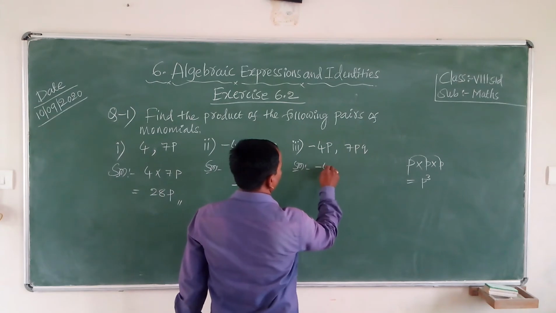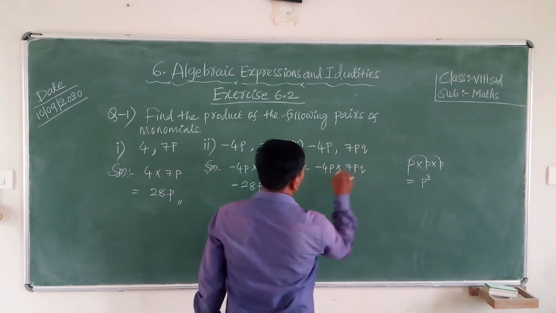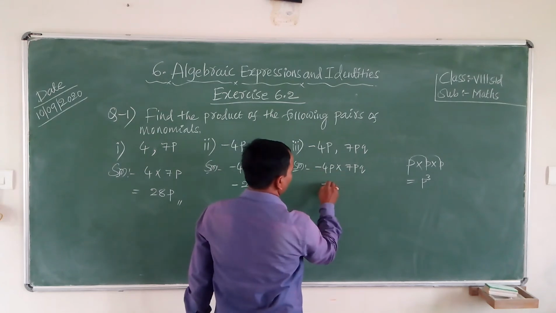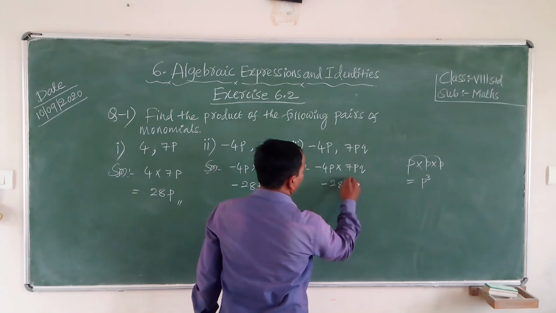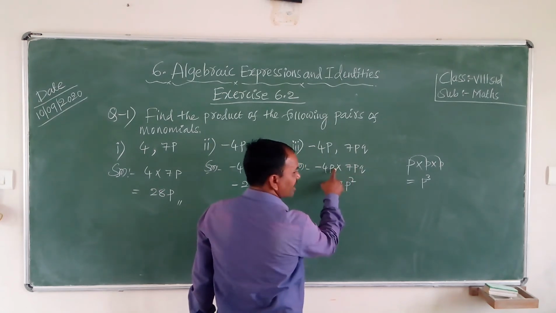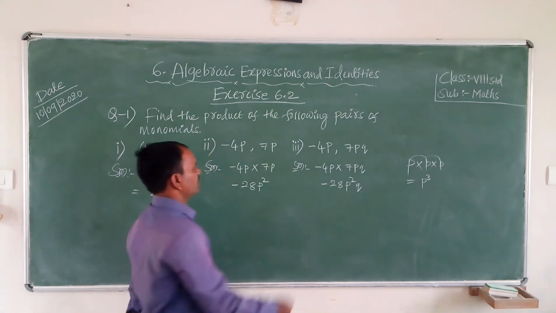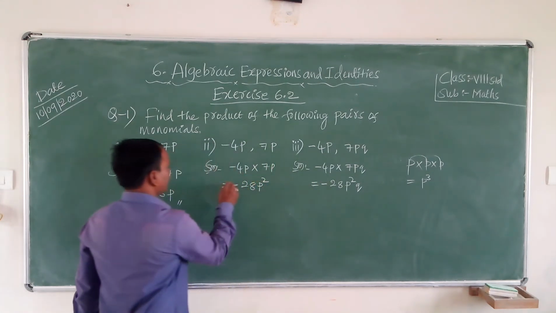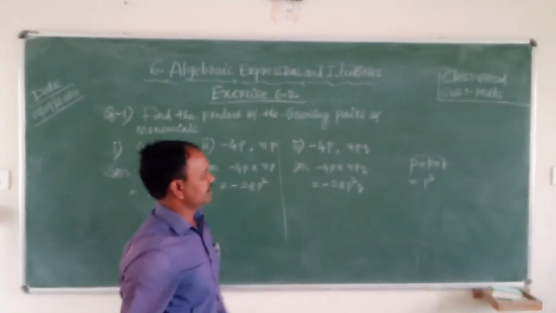Minus 4P into 7PQ: minus into plus is minus, 4 sevens are 28. P into P is P square. Is there a Q? Yes, a Q is there, we have to write Q. So like this we have to multiply monomial by monomial, my dear students.